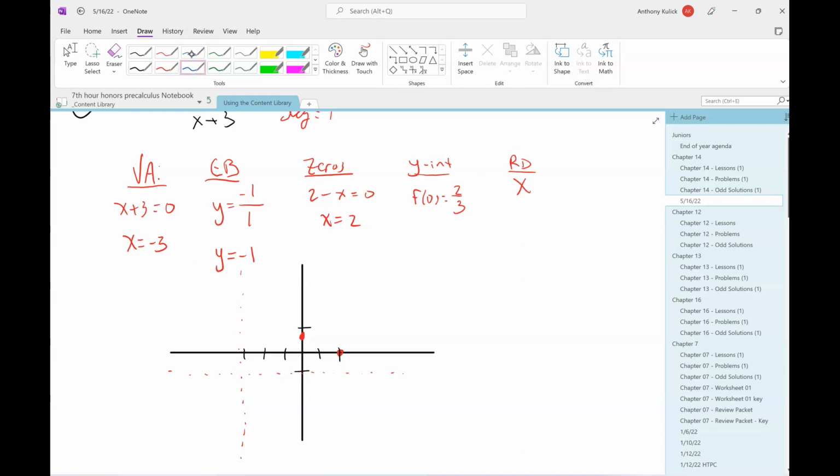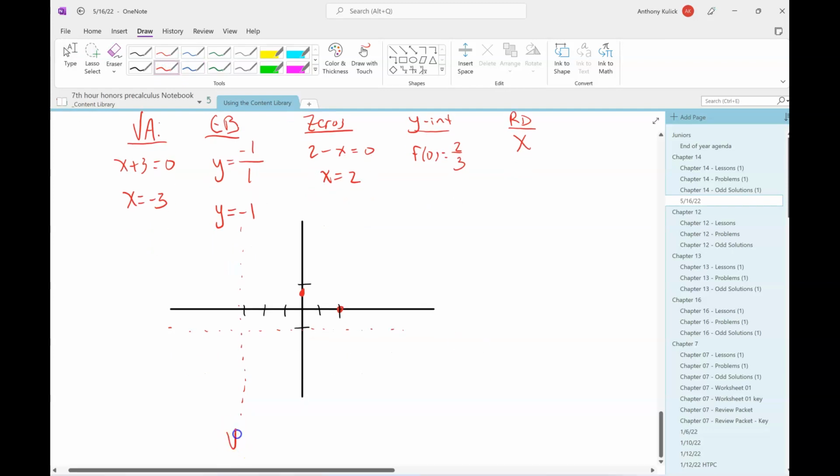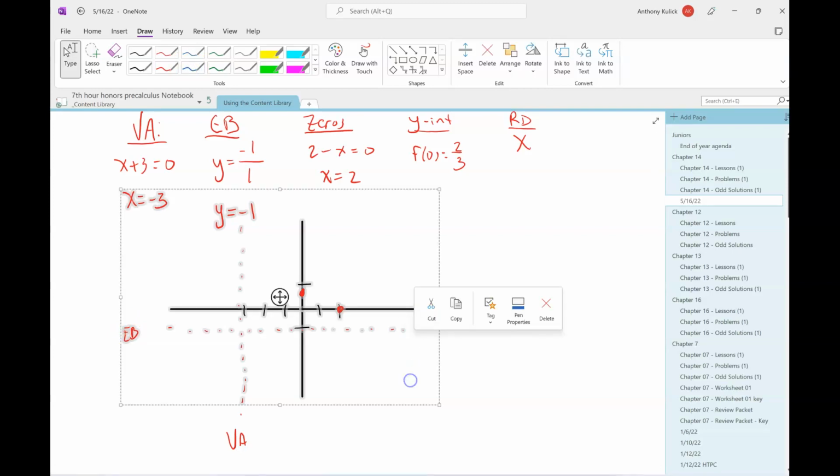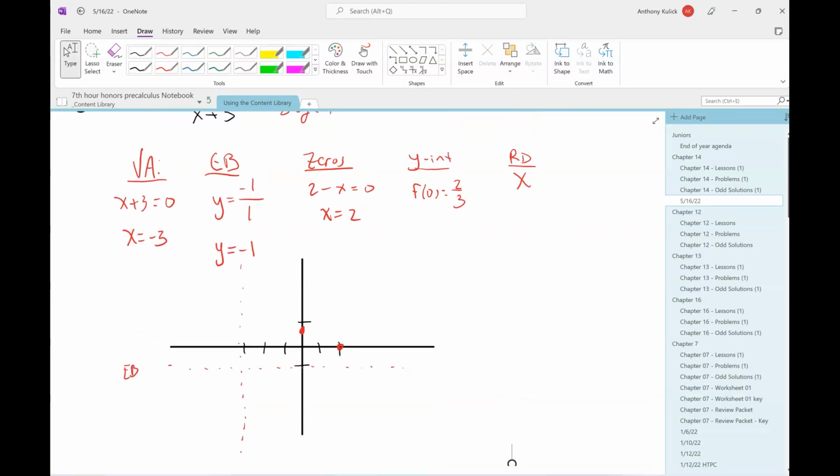Do you mind putting DA next to the line that is the vertical asymptote, just as a label? Sure, you could write x equals -3 by it, so it's super clear what it is. Do you want me to do that? Yes, please. Sure. There you go. Cool? All right.